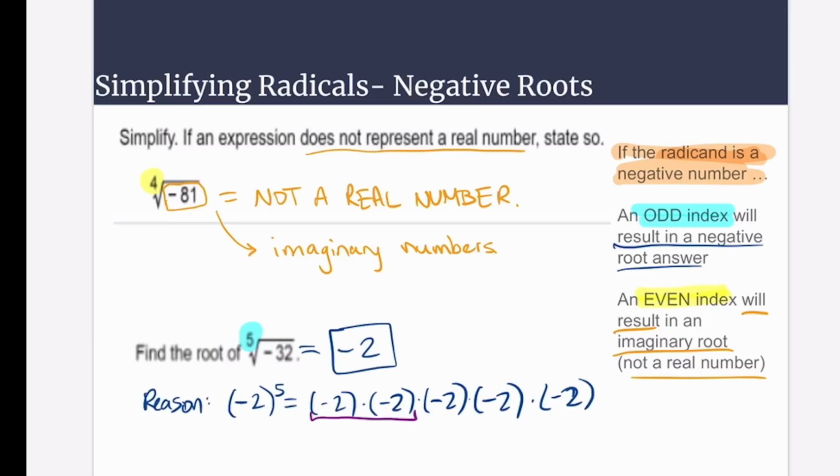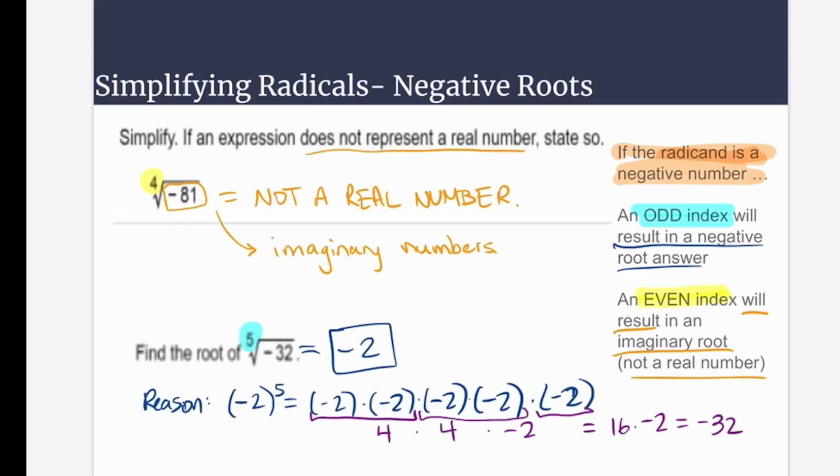When I multiply these two, that gives me 4. When I multiply these two, that gives me 4. That's negative 2. 16 times negative 2, negative 32. So that's where that comes from.